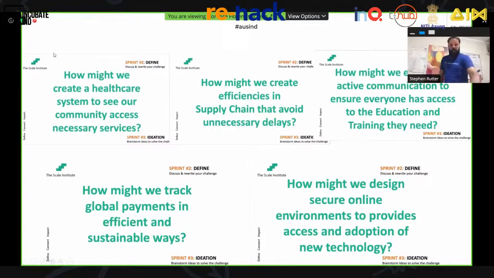Down the bottom right, if you're looking for e-commerce, online environments and adoption of new technology, look at that one. Or if you're looking for fintech and global payments and fast payments, look at the bottom left. Just again, take a photo of that if you don't have access to the Google Drive. Take a photo of that and pick your challenge. It's really important. Okay, so is everyone good with that? Has anyone got any questions right now?